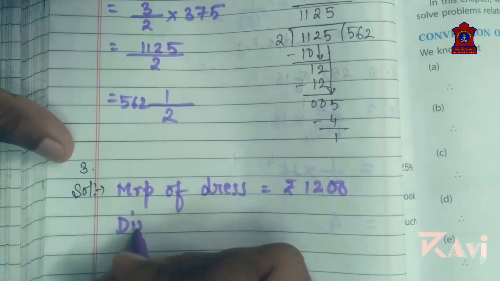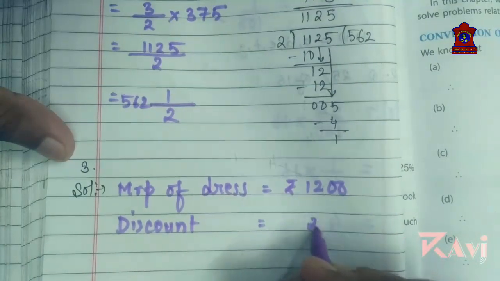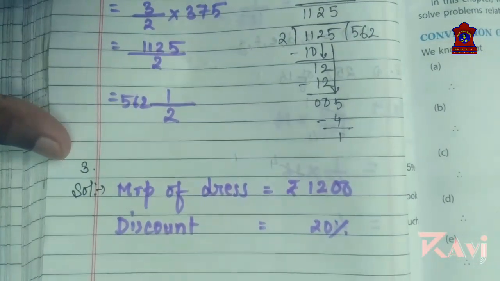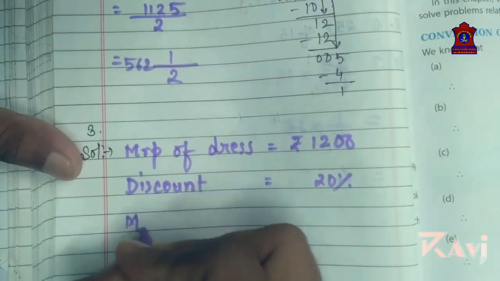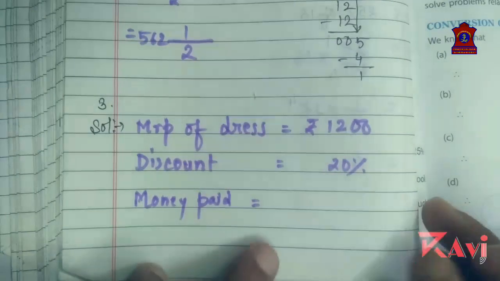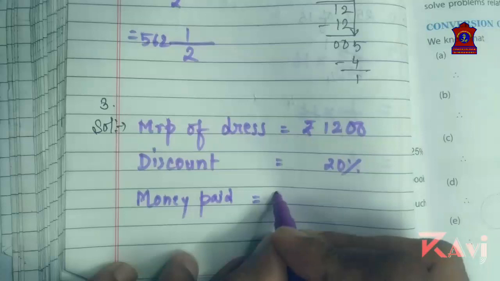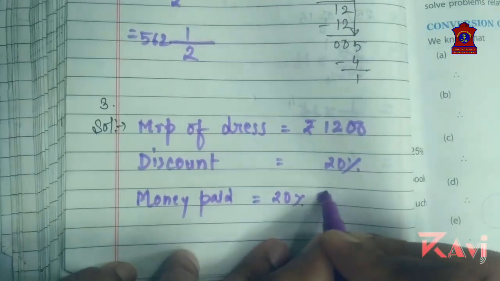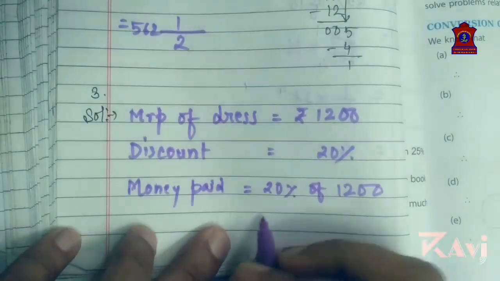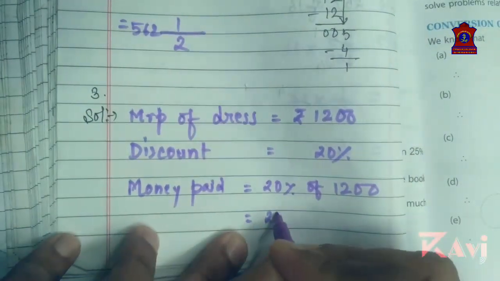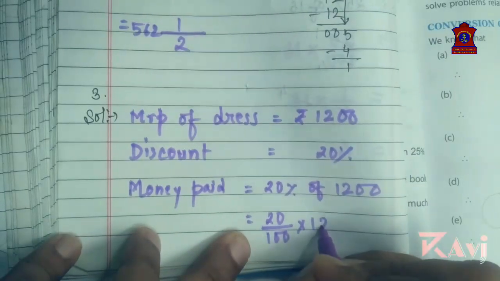Discount equals 20%. Money paid equals 20% of 1200. Clear? Now what we will do: 20 by 100 into 1200.